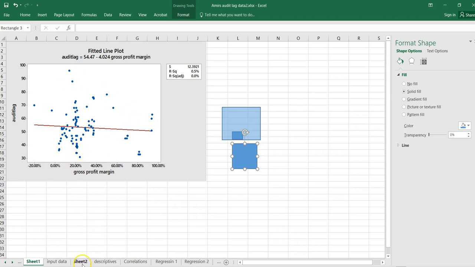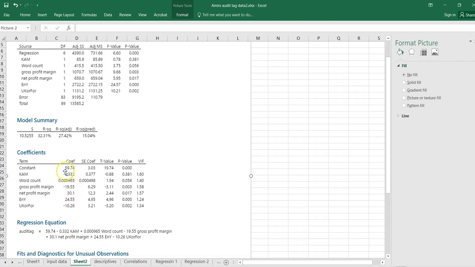Now, the point about the regression is that that was just 2 dimensions. One dimension was audit lag and the other gross margin. This is multi-dimensional. Each one of these is a dimension. And when we control, as I said, for these other dimensions, in other words, include them, then our gross profit margin is making a significant contribution.